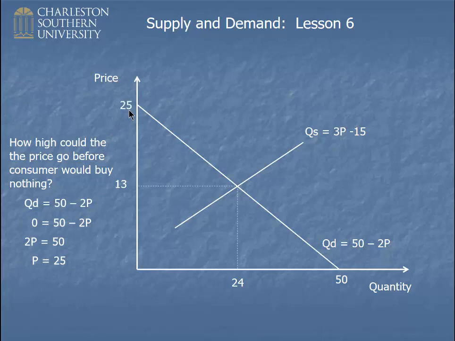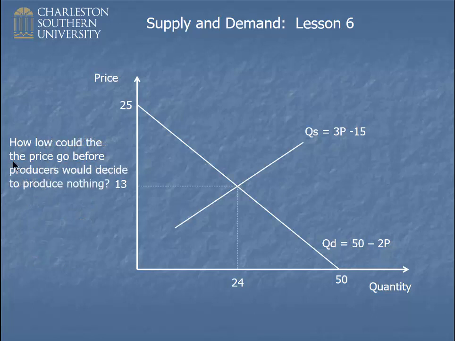Alright, let's try one more. How low could the price go before producers would decide to produce nothing? So you think about the supply curve. As the price gets lower and lower, quantity supplied gets less and less until finally they don't produce anything, which would be right over here someplace. So I'm looking for this place algebraically.